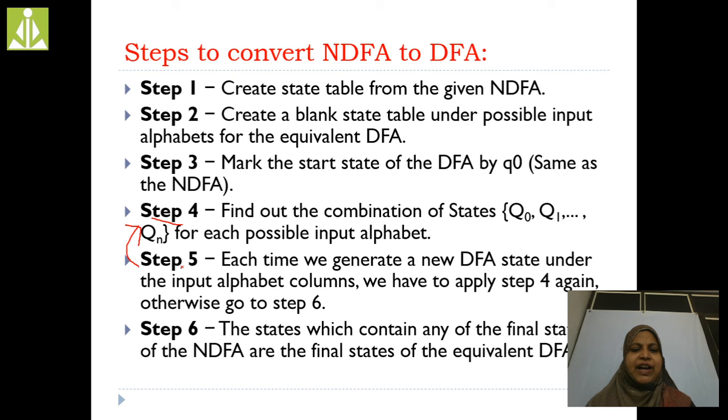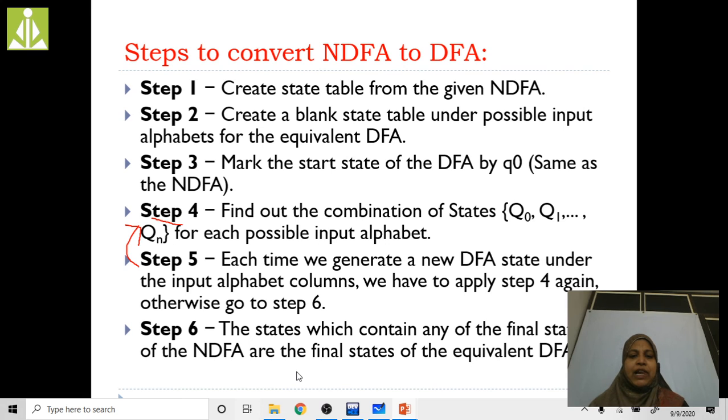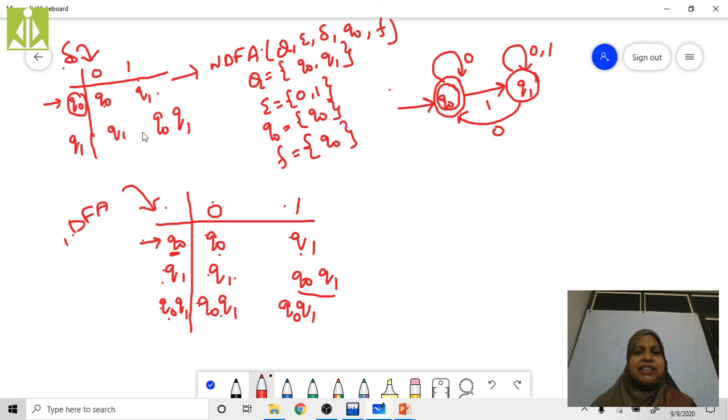Now take step 6. The states which contain any final states of the NDFA are the final states in the equivalent DFA. In the given NDFA, Q0 is the final state.